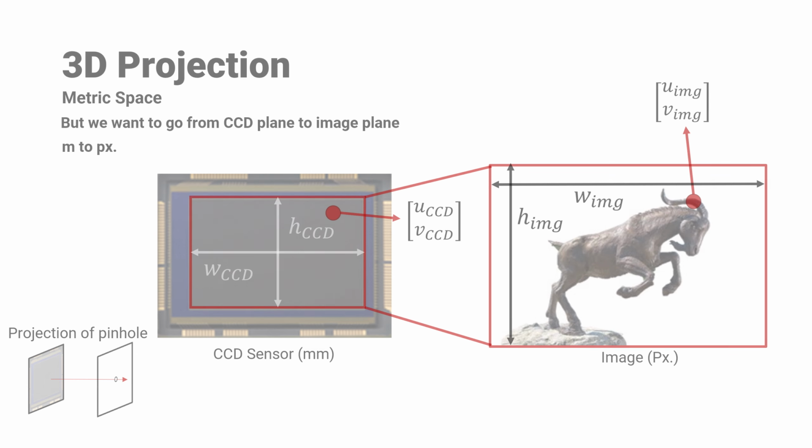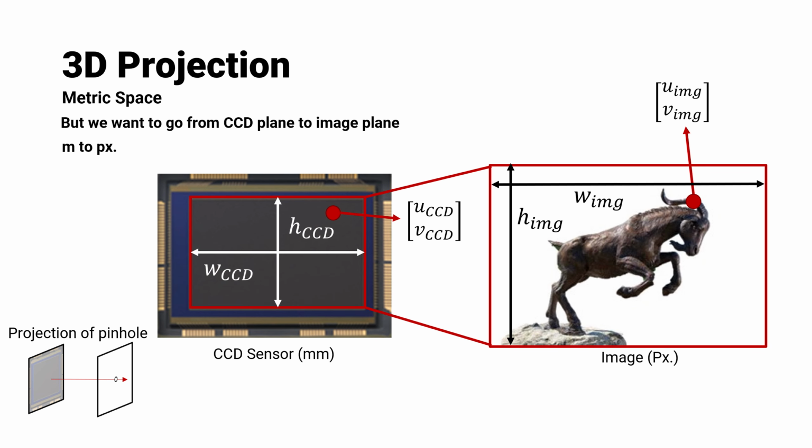Okay. So remember that we essentially had a projection of a pinhole, and we did all the math in millimeter space on the imaging sensor, but now we want to convert all of that into pixels. So just to recap, we have the height and width of the sensor in millimeters, and then we have height and width of the image in pixels.